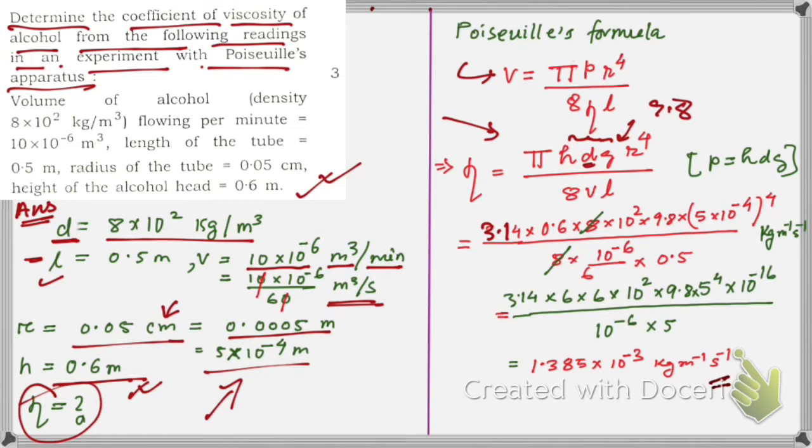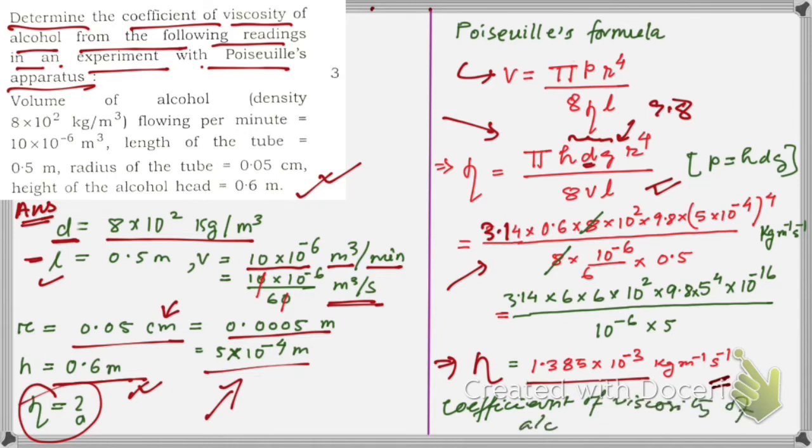So if you put those values in this formula, you will get this eta. This is the coefficient of viscosity of alcohol, right? And this is the required answer.